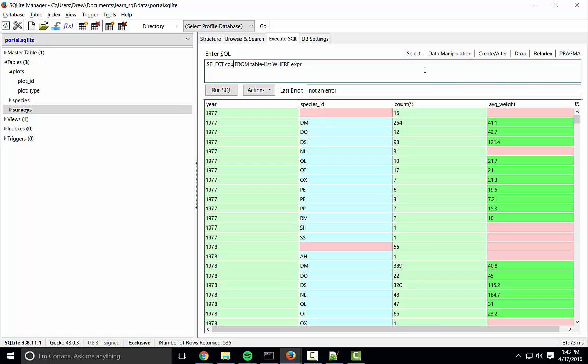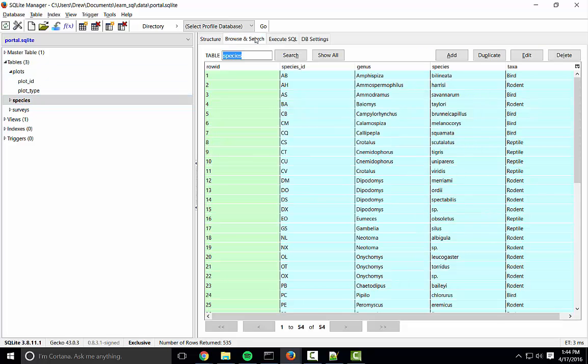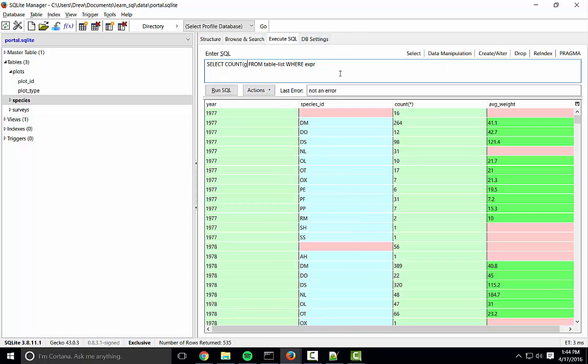count genus, with genus spelled with small letters. I'm going to keep putting them on individual rows because it just makes it easier to read.